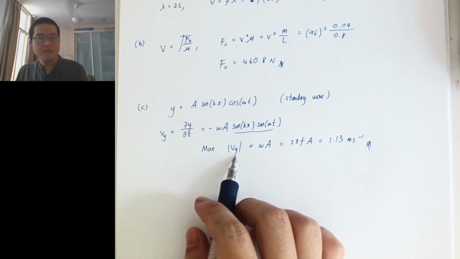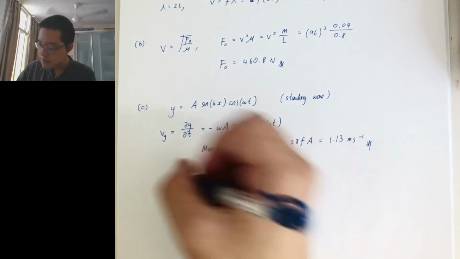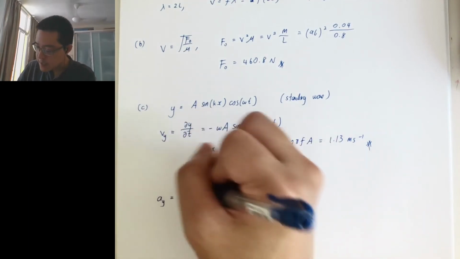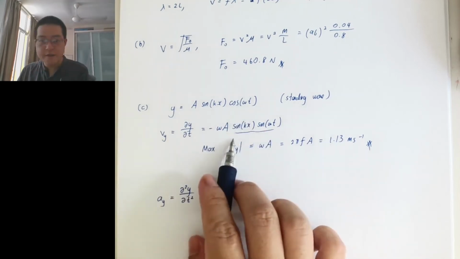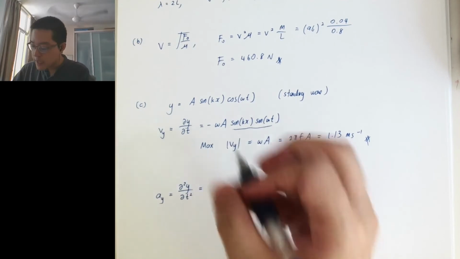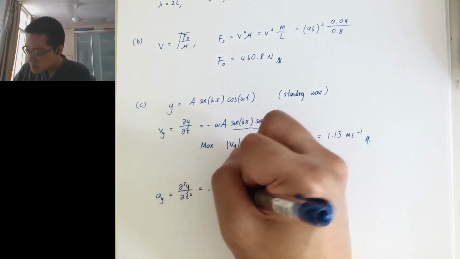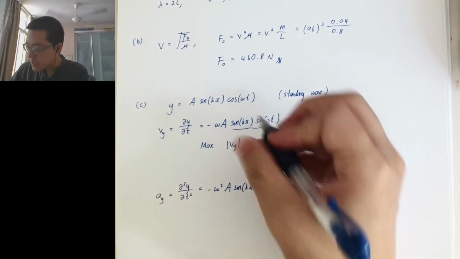How about my maximum transverse acceleration? I need to differentiate a second time. So the transverse acceleration is partial squared y over partial t squared. That means I differentiate this with respect to time again. So differentiating, the omega comes out, sine kx is unchanged, and sine becomes a cosine.